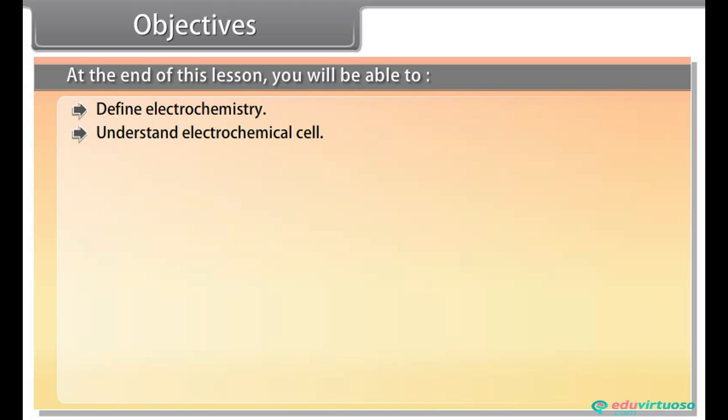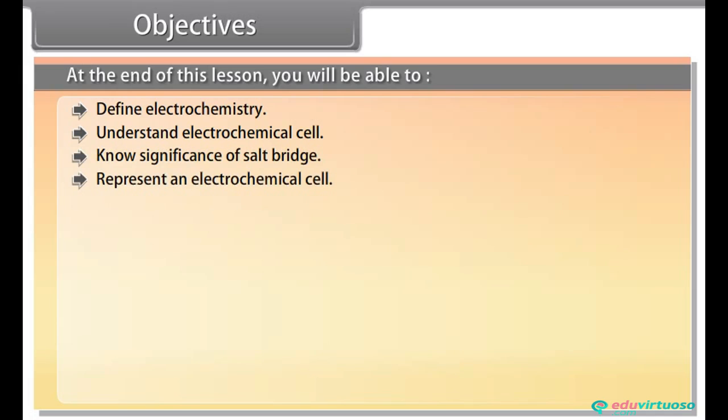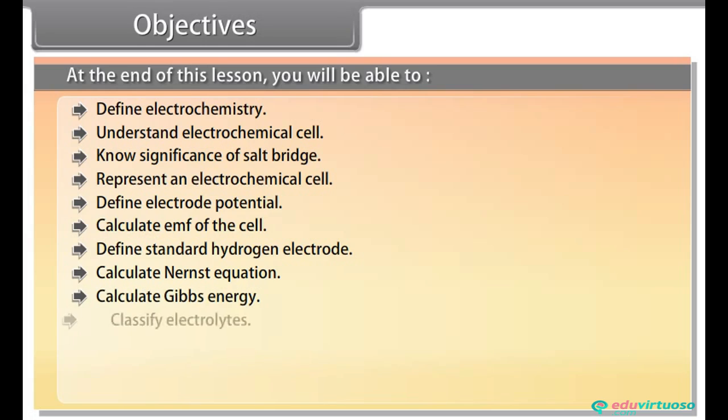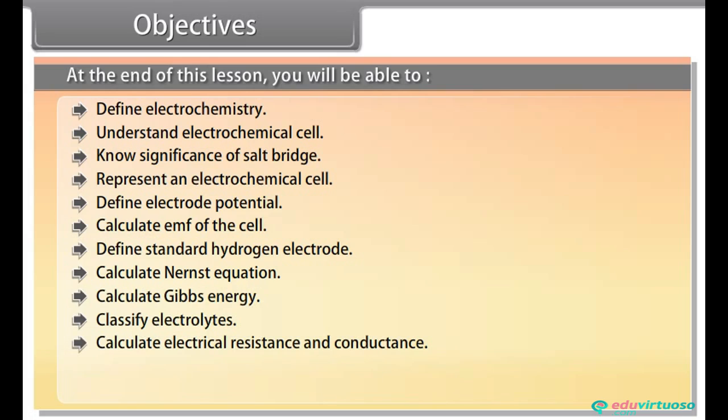At the end of this lesson, you will be able to define electrochemistry, understand electrochemical cell, know significance of salt bridge, represent an electrochemical cell, define electrode potential, calculate EMF of the cell, define standard hydrogen electrode, calculate Nernst equation, calculate Gibbs energy, classify electrolytes, calculate electrical resistance and conductance, calculate cell constant, and explain Kohlrausch Law.